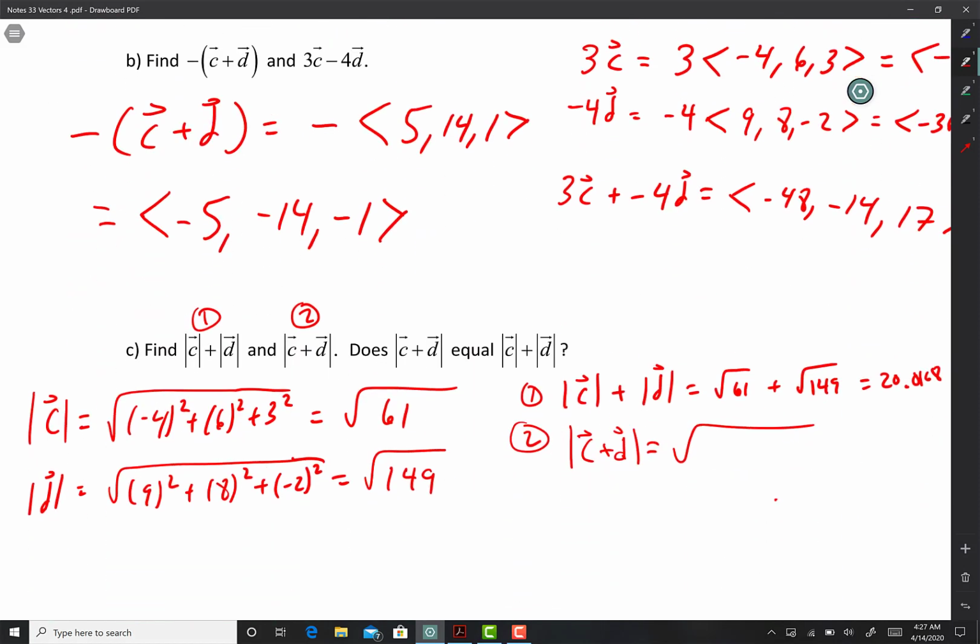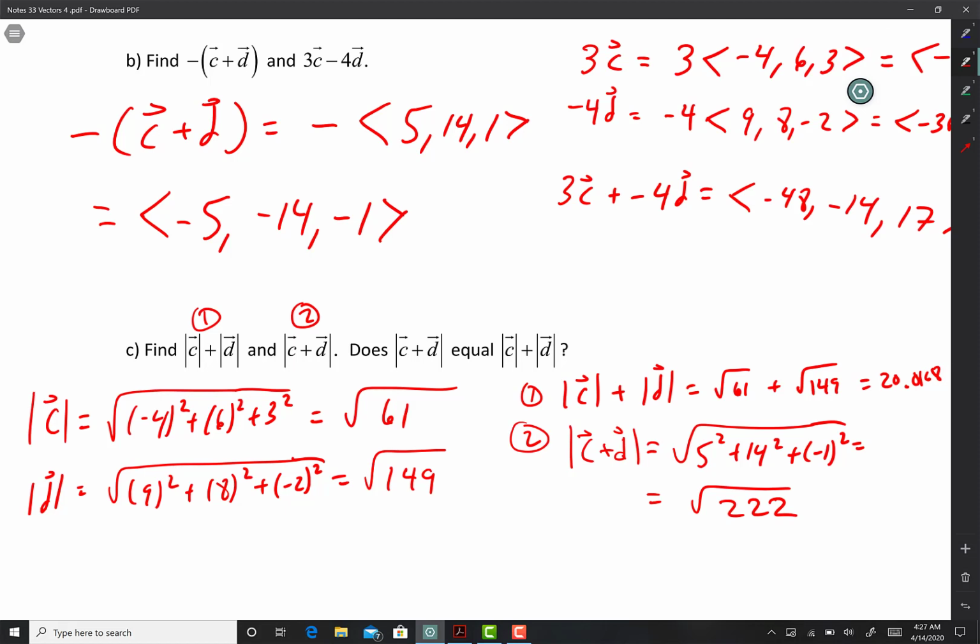So square root of 5 squared plus 14 squared plus, and if you want to be technical, negative 1 squared. And that is 5 squared plus 14 squared plus 1. Square root of 222.